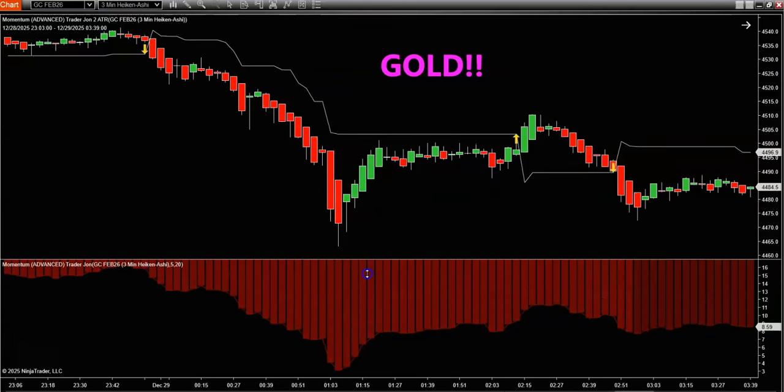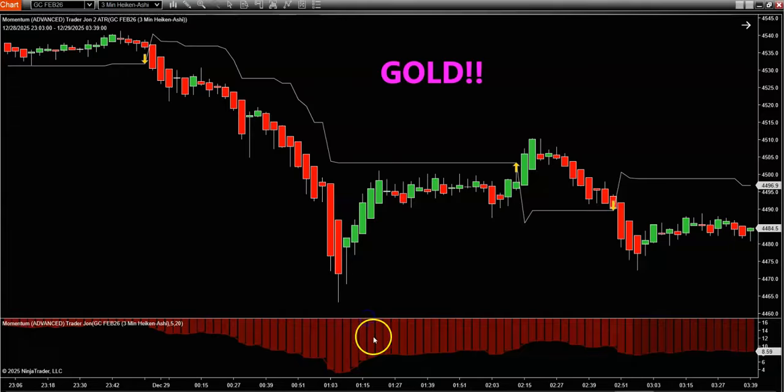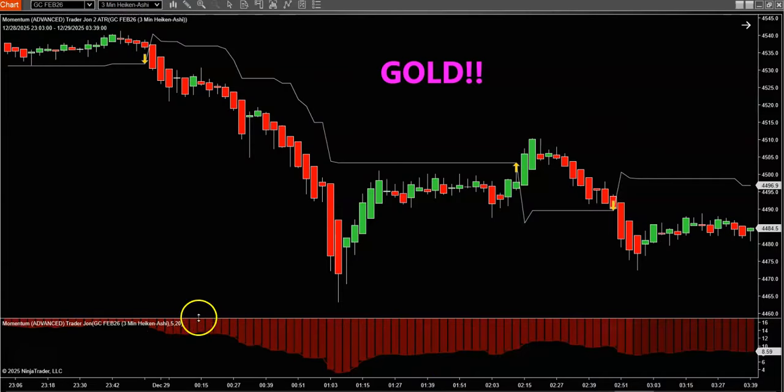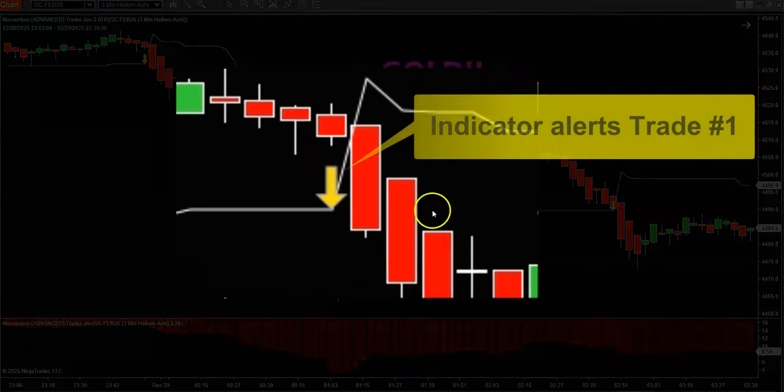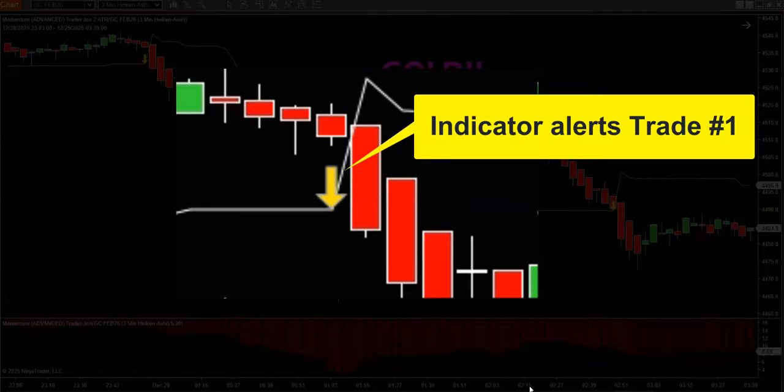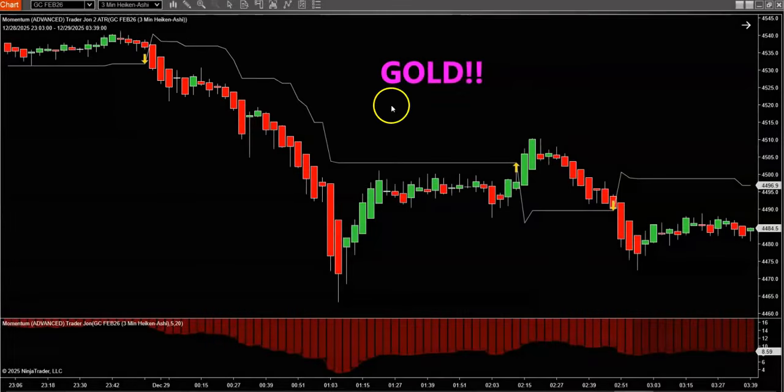Now, go ahead and shrink down panel 1 because we know it's red, so we know we're looking for shorts. And let me give you a master class on how it's done. I'm going to show you exactly how all of my people nailed it on gold today. We know that as long as the momentum indicator is red, we are only looking for shorts. Case in point, take a look right up here. This trade showed up around midnight, and I know there's a lot of customers of mine that love trading the nighttime session, especially on gold.